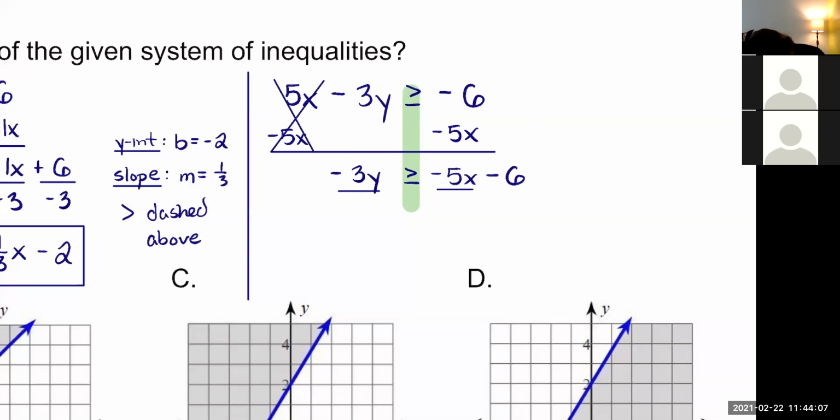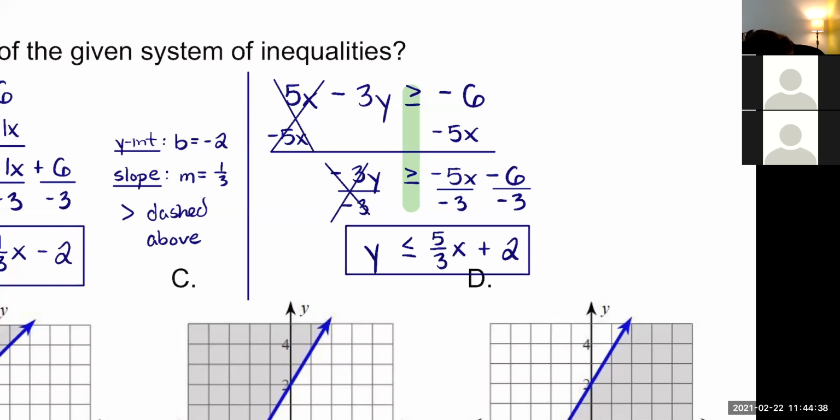And then divide every single term on both sides by -3. Now, because I divided by a negative, my inequality sign here is also going to flip. Greater than or equal to becomes less than or equal to. -5x divided by -3 is going to give me a positive 5/3 x. And -6 divided by -3 is going to give me a positive 2.